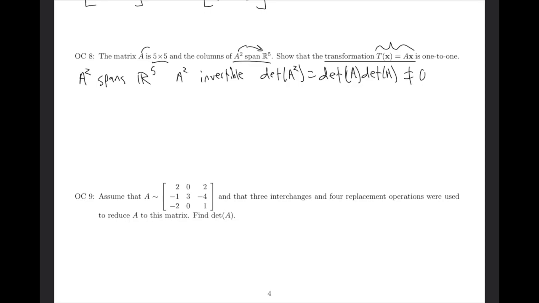Or the columns of A span R5. So this is not equal to 0, and we can say that these two terms can't be 0. So the determinant of A does not equal 0. And because the determinant of A does not equal 0, A is invertible.